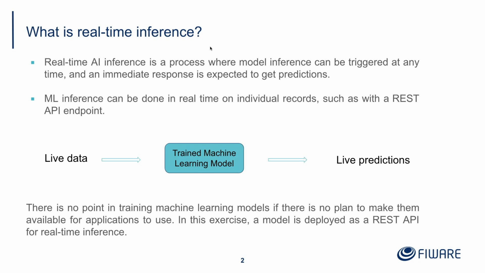So what is real-time inference? Before I define what real-time inference is, I would like to first explain what inference is. As you know, in every machine learning life cycle, we start with ingesting data, cleaning it, doing some experiments with different algorithms, and we train some machine learning models.